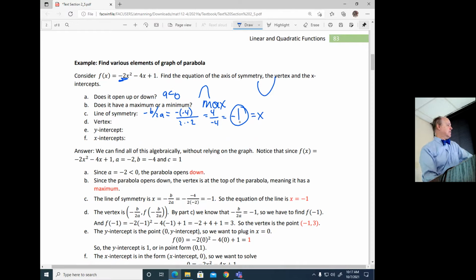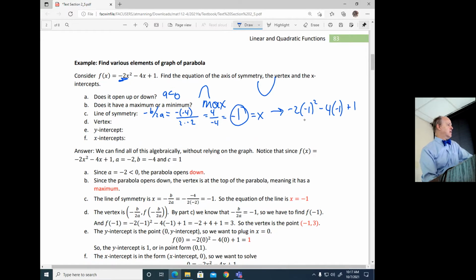What do I do to find the vertex? Well, I plug negative 1 into my f of x. To find the vertex, I have to say negative 2 times negative 1 squared minus 4 times negative 1 plus 1, and figure out what that is.